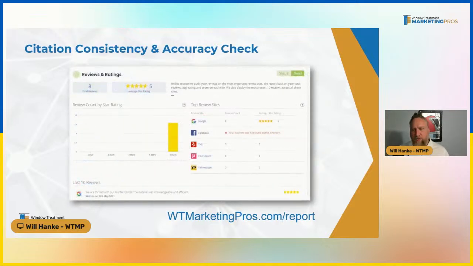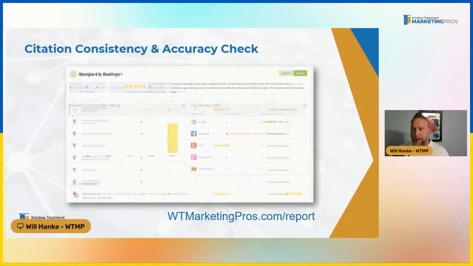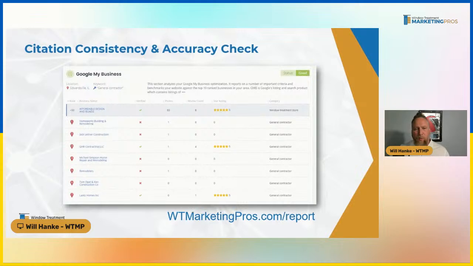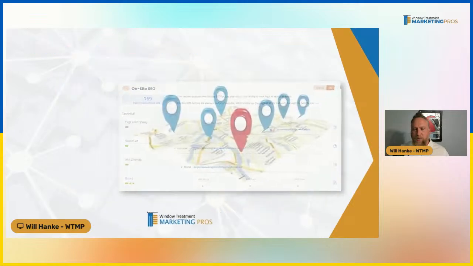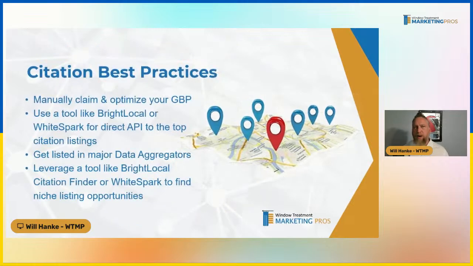Pretty cool. Like I said, it looks at your reviews, whether or not they can connect to those reviews, how many you have on that platform, and where you're typically ranking against some of the other competition you have in that town. And then it does a little bit of on-site SEO for your website as well. Pretty cool. wtmarketingpros.com/report is where you would go for that.